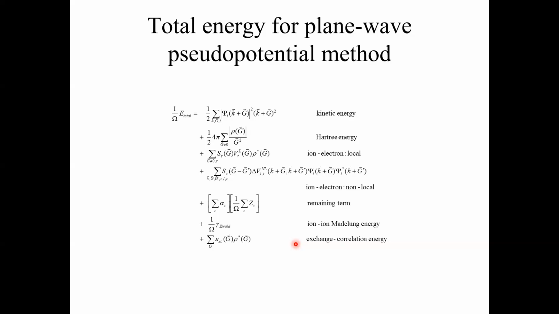This is just to give you an idea of what happens when you represent all these functions in terms of plane waves, e to the power of ikx. That represents one plane wave, and k is a wave vector. When I do the Fourier transform, all these terms come about. They can get a bit complicated at this level. You need not understand them, this is just to give you an idea of the form of these equations.